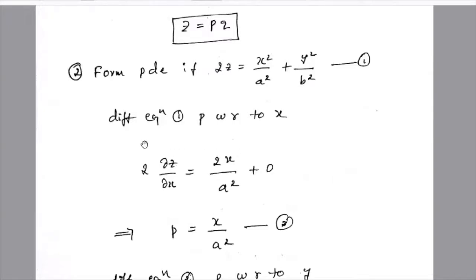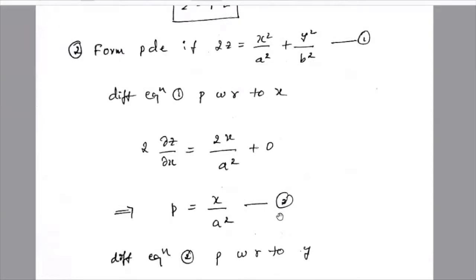That is, differentiate the given equation with respect to x. 2 into z, the z derivative will be dou z by dou x. The x square derivative is 2x by a square. Since y is constant, the derivative will be 0. So dou z by dou x is denoted by p. 2 gets cancelled, that is equal to x by a square.